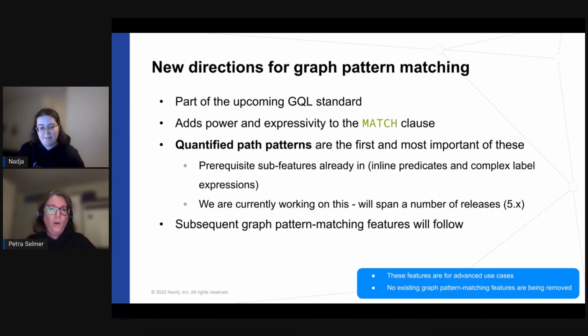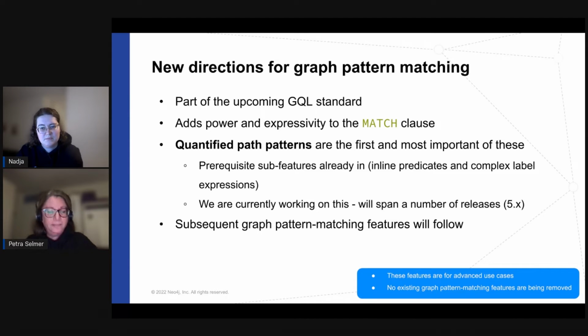All of this work that I'm going to be describing to you now is part of the upcoming GQL standard. This is the graph query language standard that we are currently designing in the ISO body. This is the same body that standardizes SQL, for those of you familiar with that. And by and large, it contains the same people as well. So this is part of our journey towards eventually supporting all of GQL.